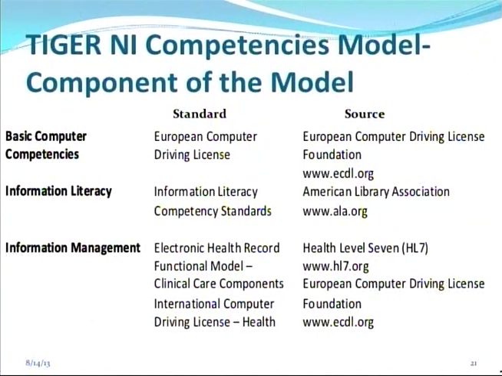They said these are the minimum set of computer knowledge that any nurse should have. Now, for information literacy, if you check the American Library Association website or the New York University Library, they offer excellent self-paced tutorials for evidence-based practice and information literacy.